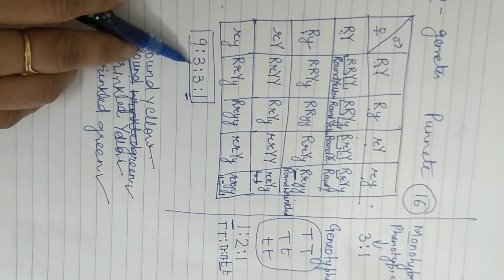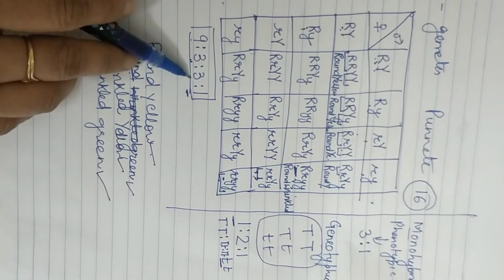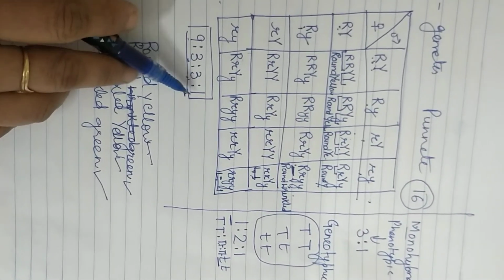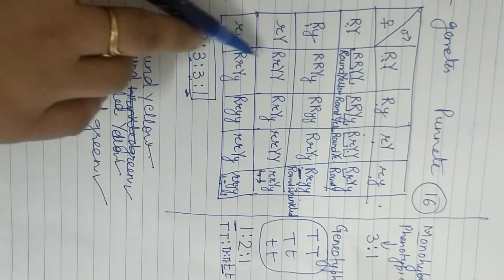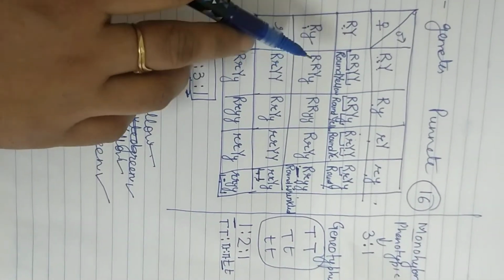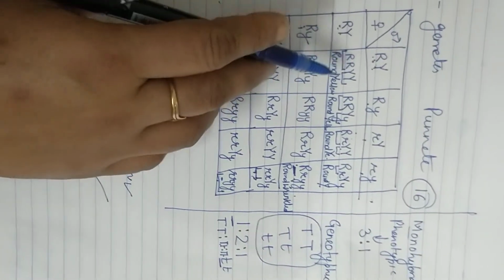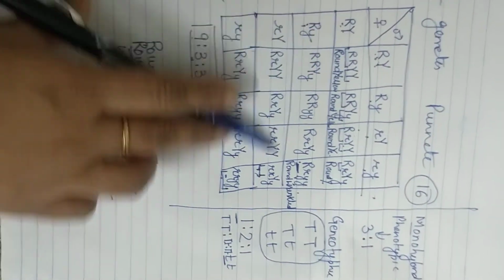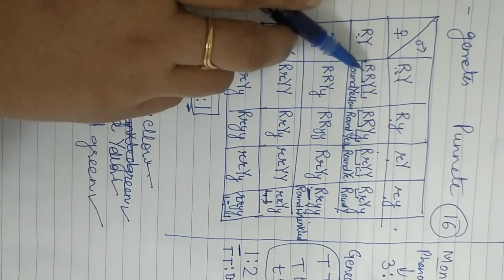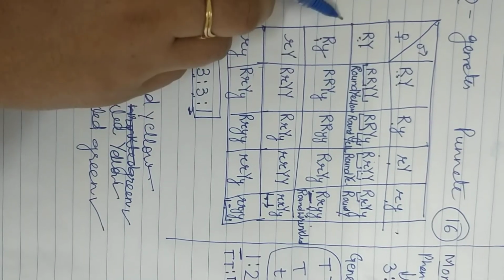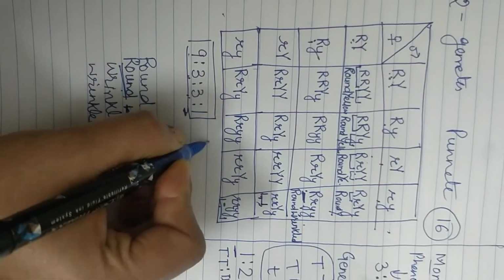9 plus 3 12. 12 plus 3 15. 15 plus 1 16. So total plants which were produced were 16. Out of 16 कितने प्लांट का जीनोटाइप ऐसा था? If you will check this whole Punnett square, you will see that only one pure round and pure yellow is there, है ना? तो इसके लिए हम लिख देंगे 1.